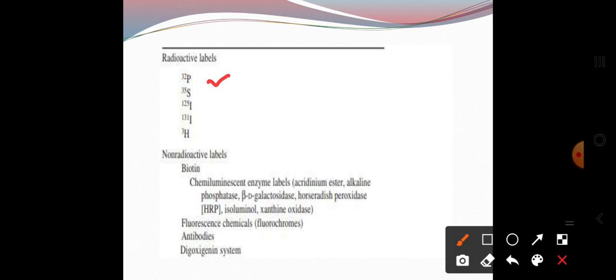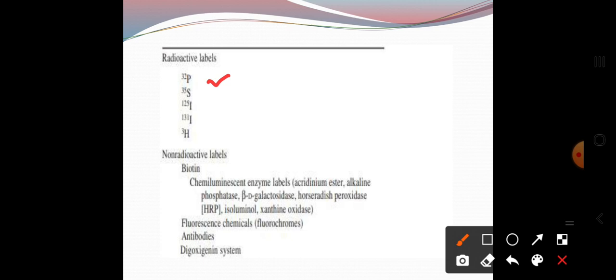The disadvantages of phosphorus labeled probes are the inability to use high resolution imaging, since they do not produce a higher resolution, and a relatively shorter half-life, so they cannot be used over a longer time.